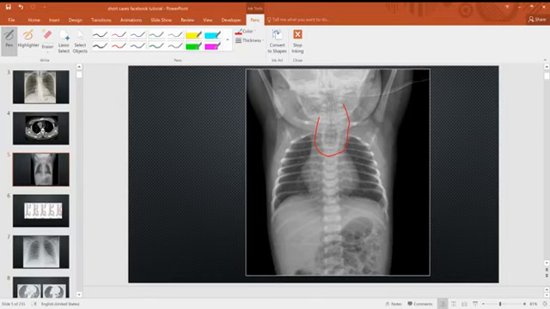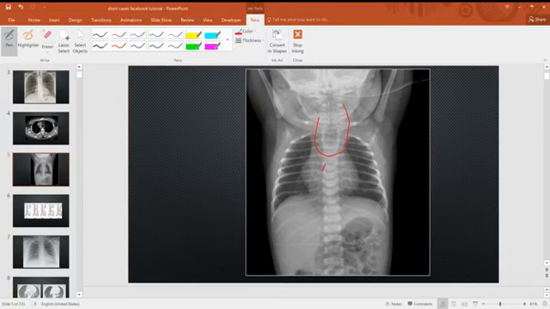And also we see some gas in the bowel and the stomach, indicating that the esophagus is connecting to the airway. So this is a tracheoesophageal fistula. What is the type here in this esophageal atresia with the tracheoesophageal fistula?